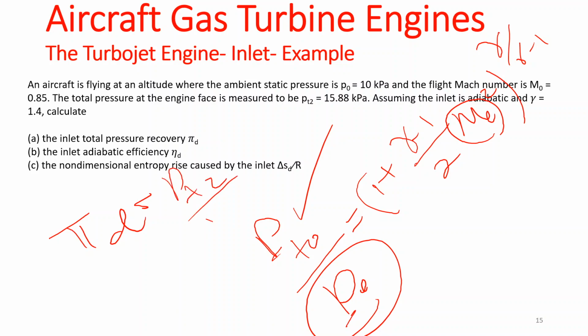For that equation, don't we have everything that we need to calculate for efficiency? We have PT2, we have P naught, the Mach number. Yeah, but the first part is asking us to find the pressure recovery, right? Couldn't we do B first and then go back to A? I thought this is going to be easier, but yeah. But that equation for PT naught over P naught, that's just a regular equation.